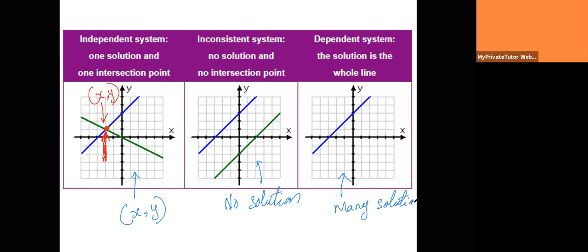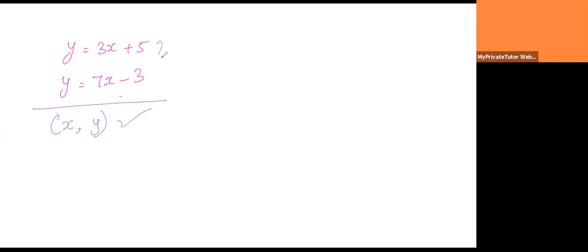I hope this might not be confusing. I'll try to explain using the equations, guys. Take y equals 3x plus 5 and y equals 7x minus 3. If we solve these two equations, we will get an x value and a y value, which means for these two equations we will get the solution.